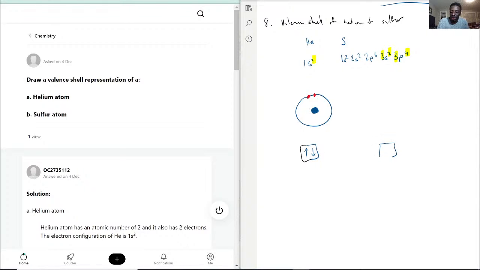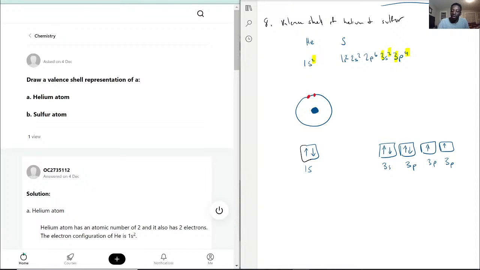Sulfur, on the other hand, we're looking at the outside one, that's 3s, and there are 3 subshells for the p shell, which is why it can fit 6 electrons.